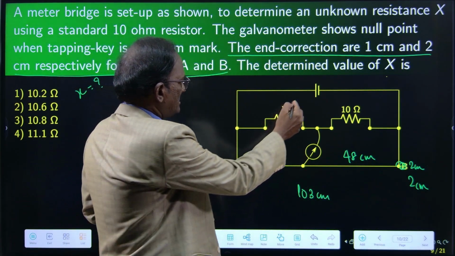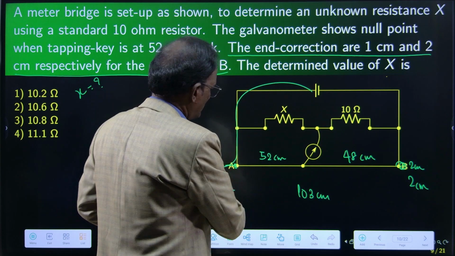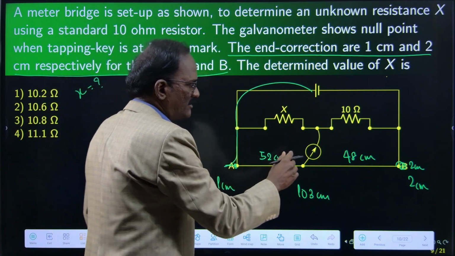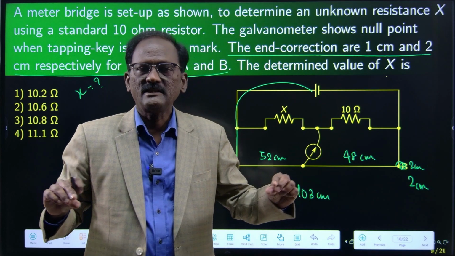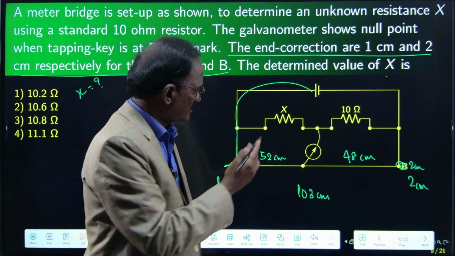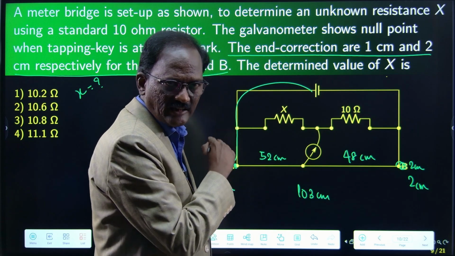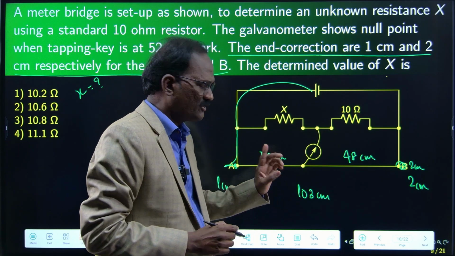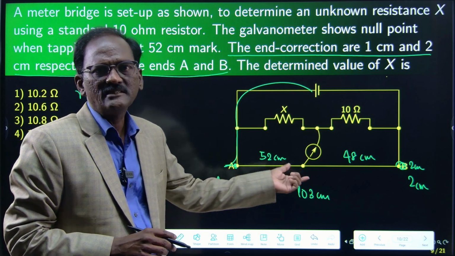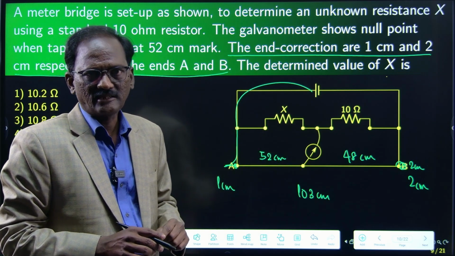You know current passes in the extra wire also. The current cannot pass exactly at the 100 centimeter. It will flow through the entire length of the wire. So technically 103 centimeter is available here, not 100 centimeter.